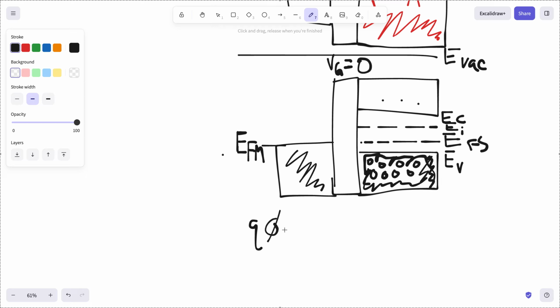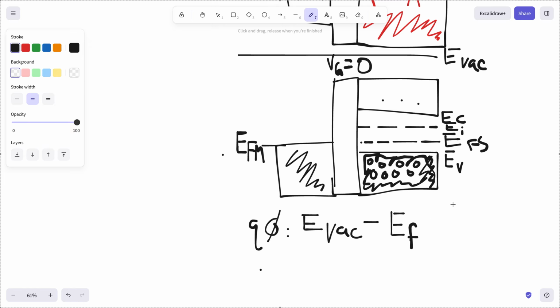The work function is described as the energy difference between the vacuum level and the Fermi level, E sub F. The work function basically describes how much energy it takes to remove an electron existing at the Fermi level.